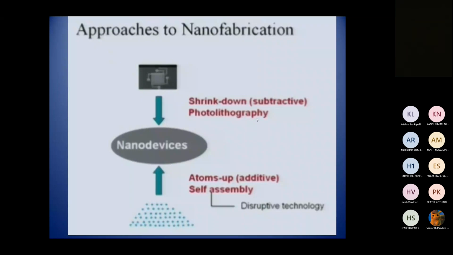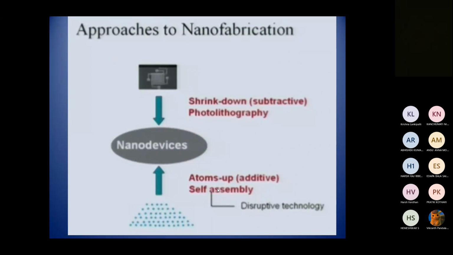So, with the continuation of the content which we are now discussing, when atoms are added together, that is called the self-assembly process, where we assemble the atoms and finally arrive at making nano devices. So that we call the bottom-up approach. But the top-down approach is just the reverse, or the opposite of the bottom-up approach. In the top-down approach, we take out the atoms from the material and finally make nano devices.